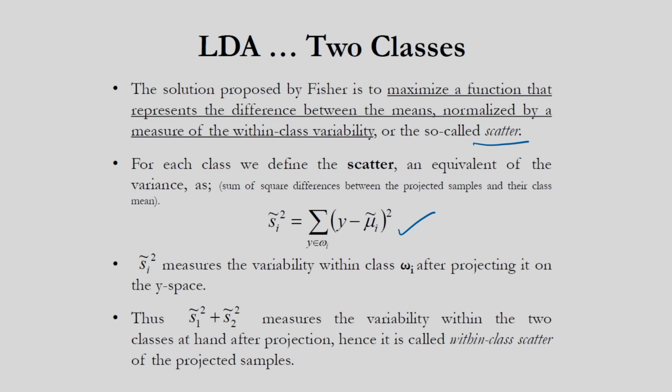If I consider S1 tilde square plus S2 tilde square, that gives the measure of the variability within the two classes after the projection, and it is called the within class scatter of the projected samples.